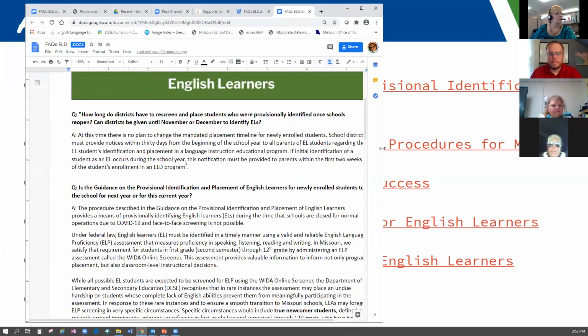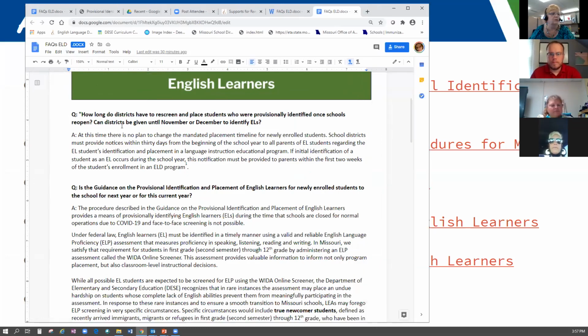First question was, how long do districts have to rescreen and place students who were provisionally identified once schools reopen? And at this time, there's no plans to change the placement and timeline for newly enrolled students. So you must provide again within 30 days, just as always.